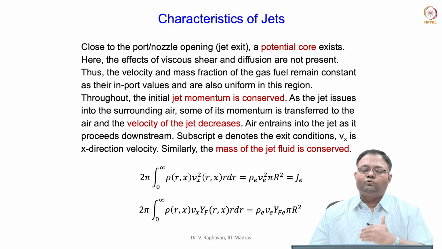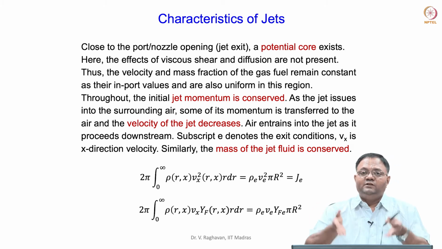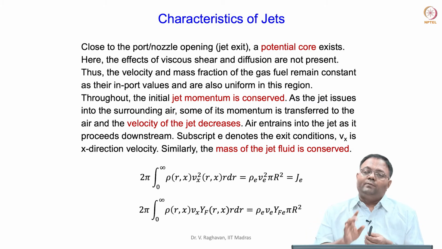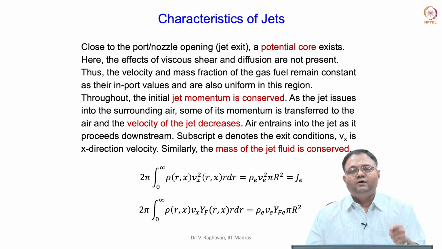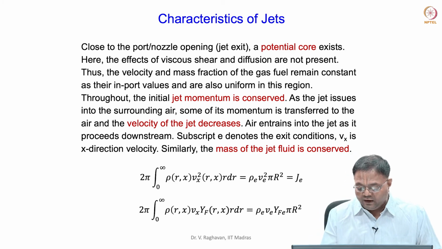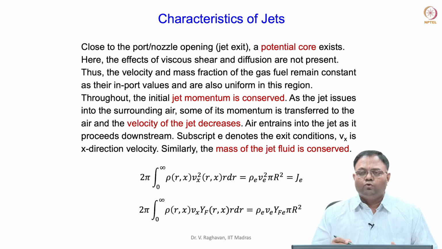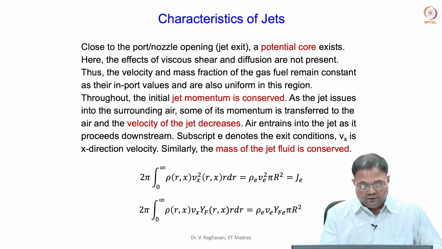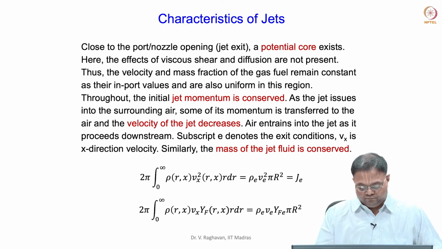Take x equal to x1, the next station at a higher point, and you will see that some air has also joined within the jet edge boundary. Air has come in. So, mass is added, but velocity is decreasing. Mass is getting added due to the air entrainment from the surroundings into the jet. This is due to the momentum exchange and the viscous effects. So, mass is added, velocity decreases, but momentum is conserved.